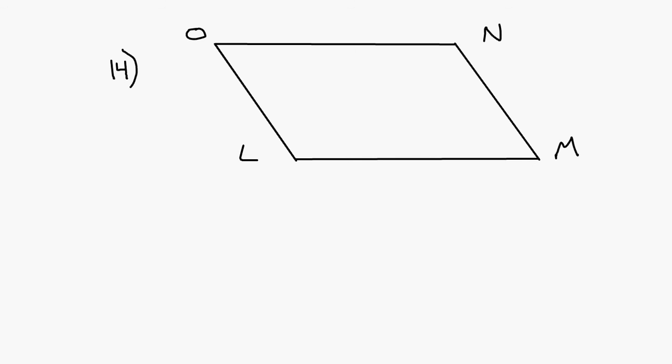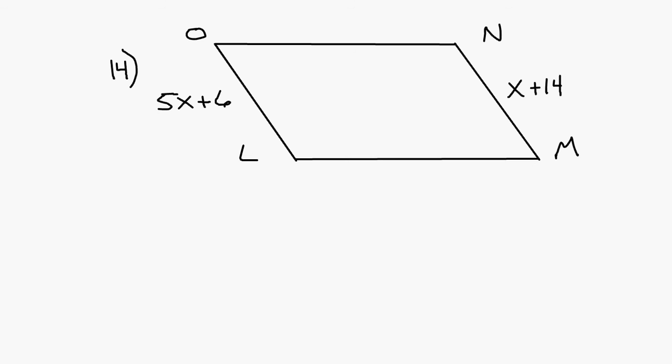All right, LMNO is a parallelogram. If N to M is x plus 14, O to L is 5x plus 6, find the value of x, and then find NM and OL.